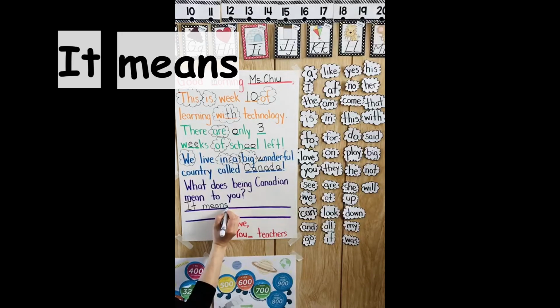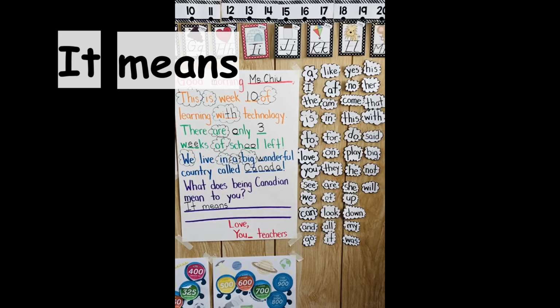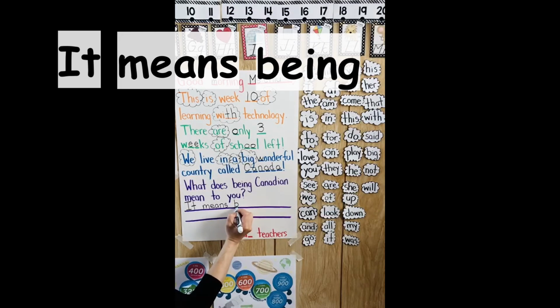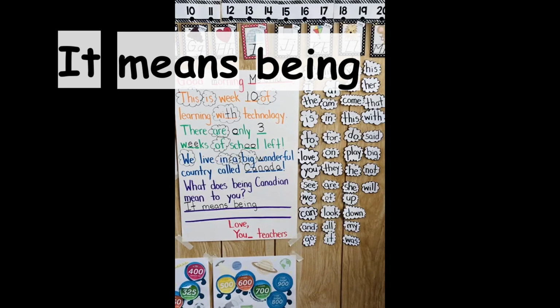M-E-A-N-S spells means. Another finger space and the word being. I'll spell be first with a B and an E, then ing, and I remember that ing is I-N-G. So I've written it means being to start my sentence.